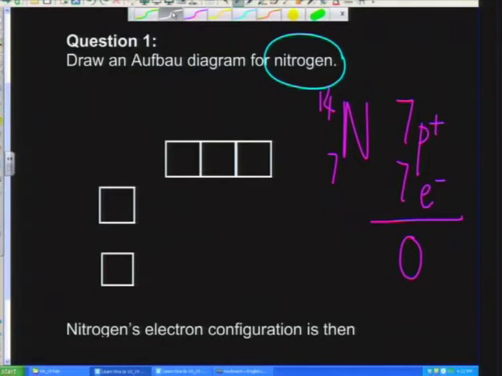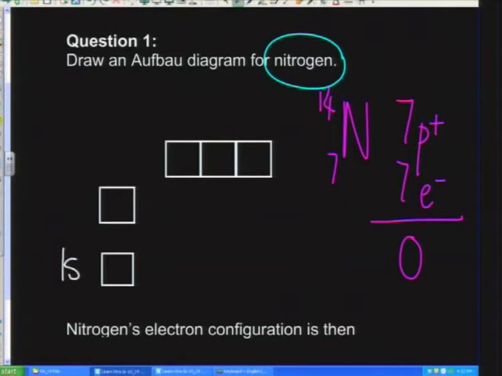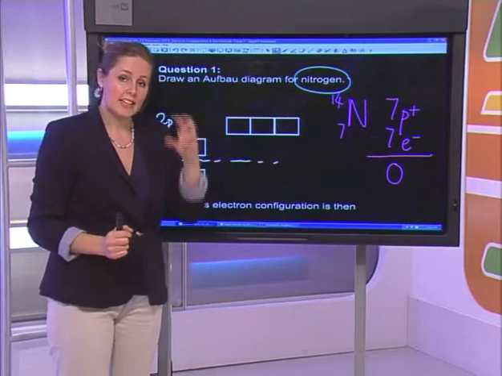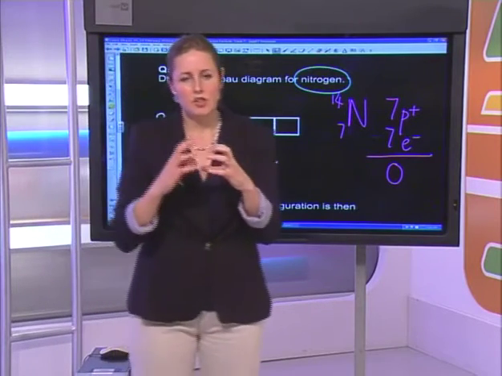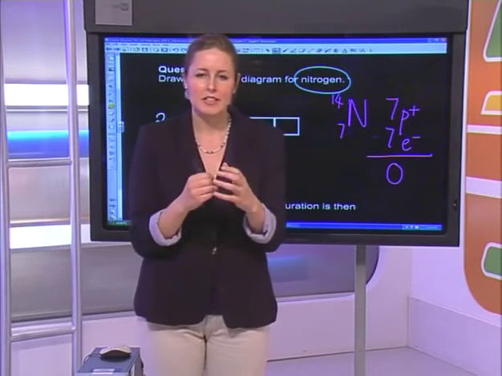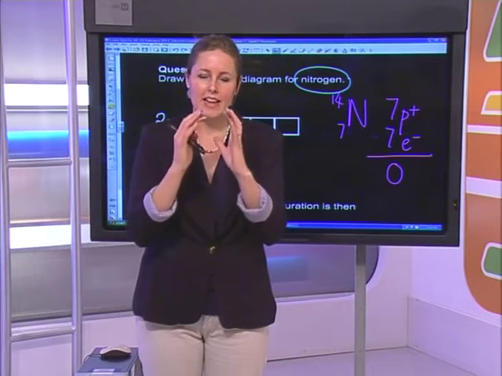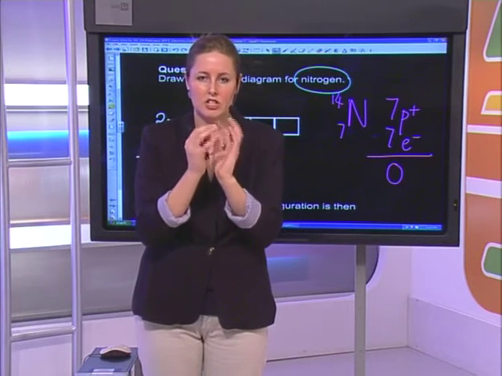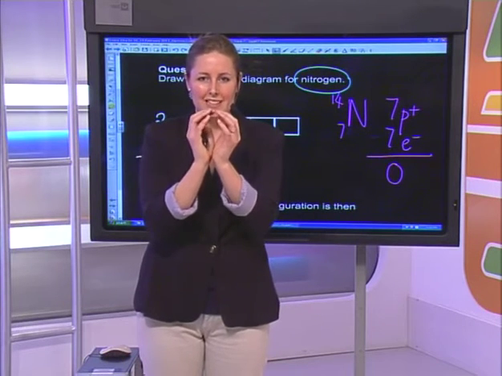Across here, I've already got the blocks drawn. Sometimes that takes a bit of time, so I've already got them drawn. That would be 1s, 2s, 2p. Now, I could draw a little dotted line here to indicate that this is the first energy level, that is the second energy level. The second energy level has 2s and 2p. The s stands for a spherically shaped orbital, almost like a ball.